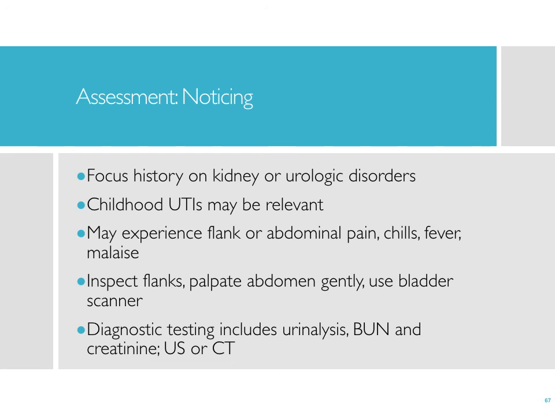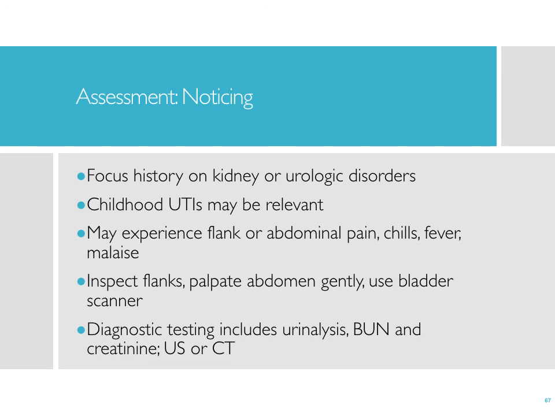They may experience flank or abdominal pains, chills, fever, and malaise. The same kinds of things that we get with kidney infections. So we want to inspect the flanks, palpate the abdomen gently, and we may want to use a bladder scanner to see if the bladder is holding as much urine as it ought to be.